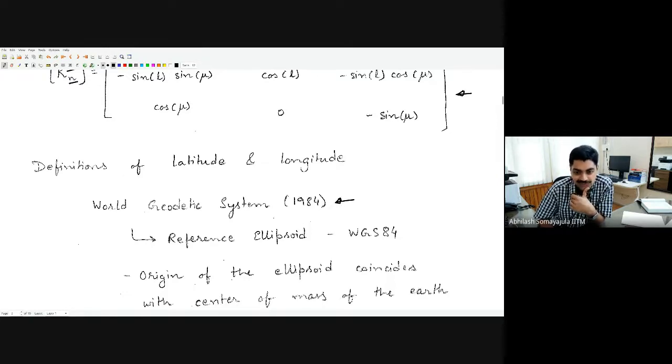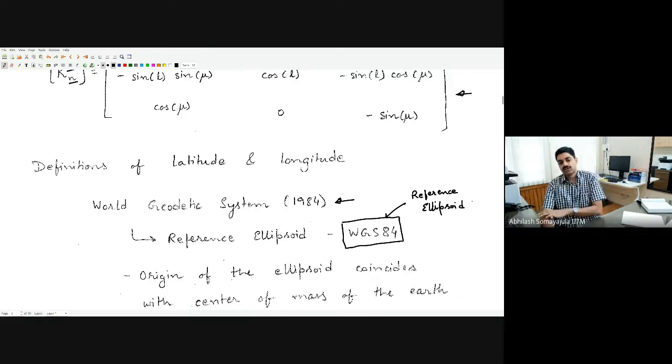This is the accepted nomenclature today. So we denote that as WGS 84, the reference ellipsoid, about which we are assuming all of the calculations in a GPS coordinate system.